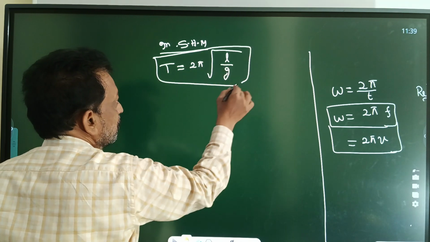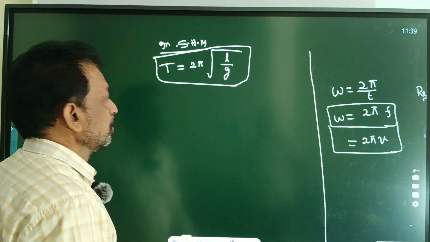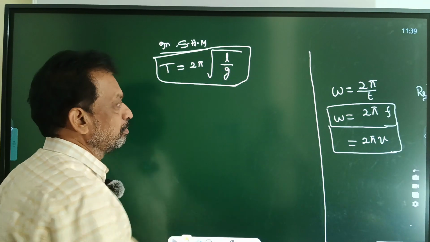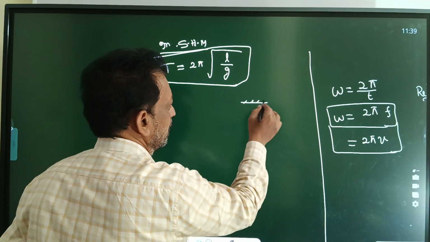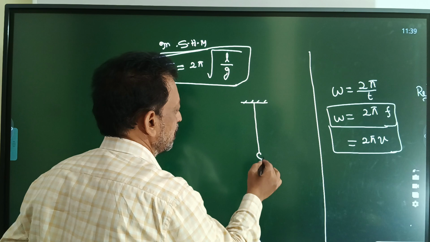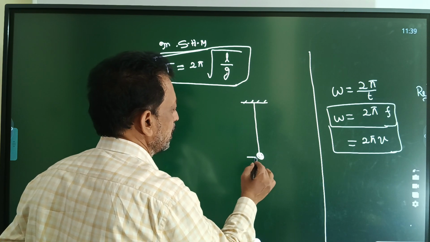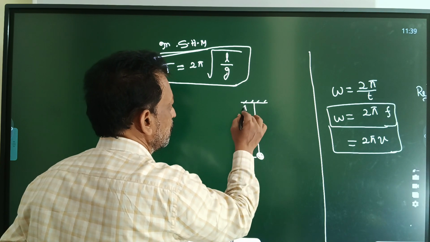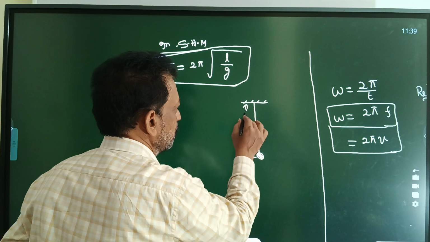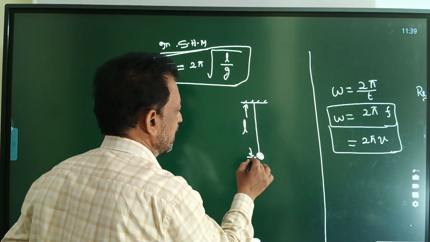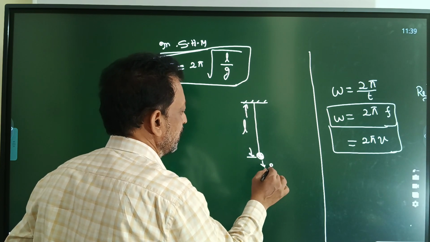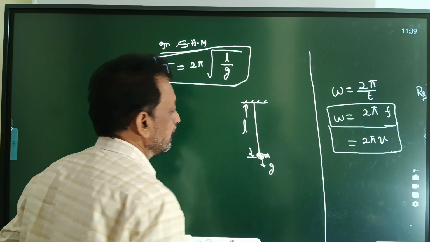Here L is the length of the pendulum. This is the bob, this is the length of the pendulum. g is the acceleration due to gravity, and mass is also there.